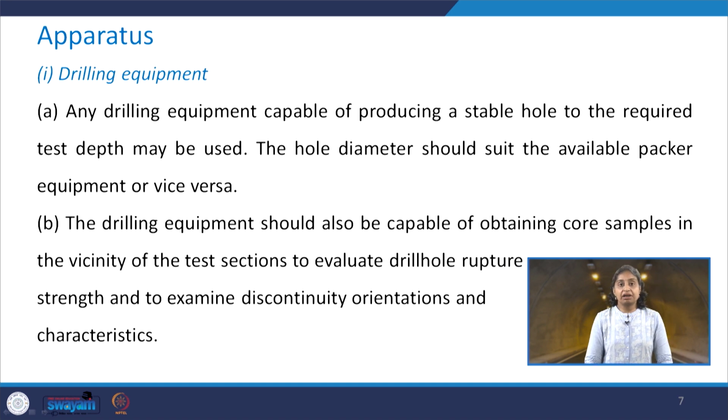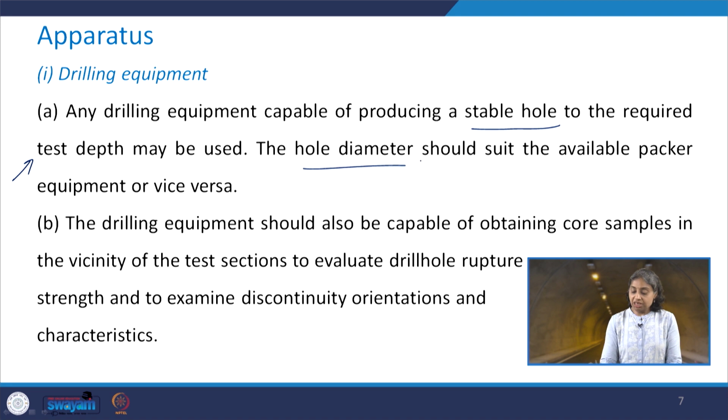Coming to the apparatus of the hydraulic fracturing test, the first is the drilling equipment. Various points are here with respect to drilling equipment. Any drilling equipment capable of producing a stable hole to the required test depth may be used.